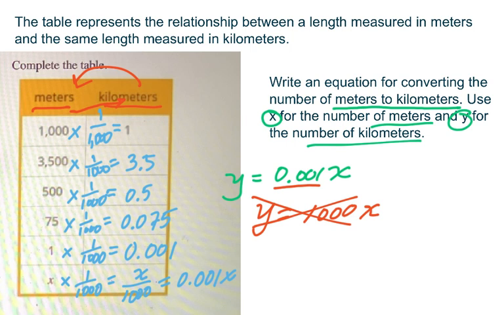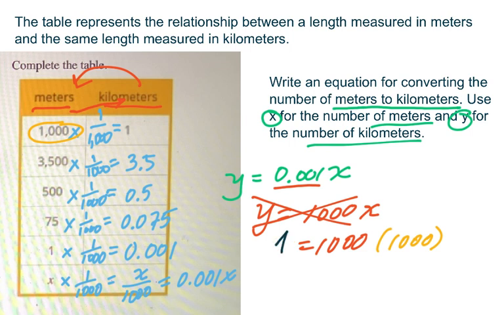So for example, we could take the first one. If we had Y equals 1,000x, and we substituted in the value of 1,000 for X, we know that we're expecting to have an answer of 1. We have that off of our table.